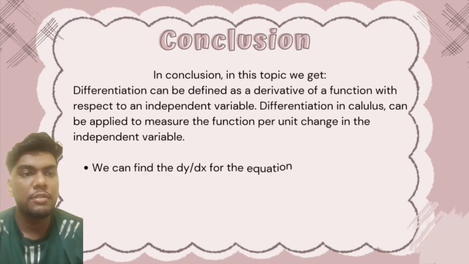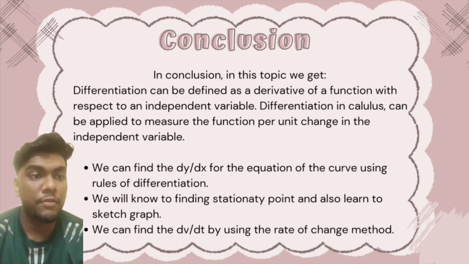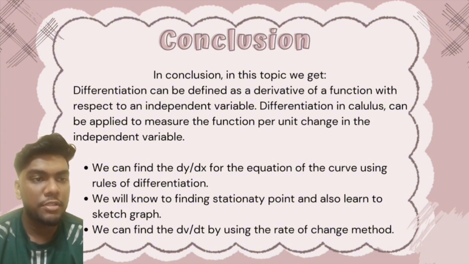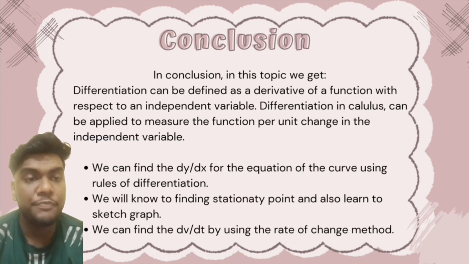In conclusion, in this topic we learned that differentiation can be defined as a derivative of a function with respect to an independent variable. Differentiation in calculus can be applied to measure the change of that function per unit change in the independent variable.